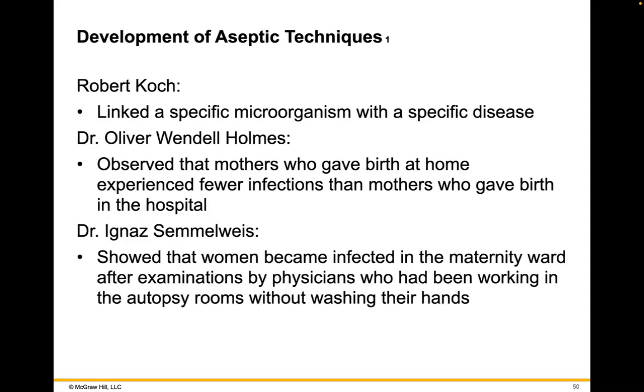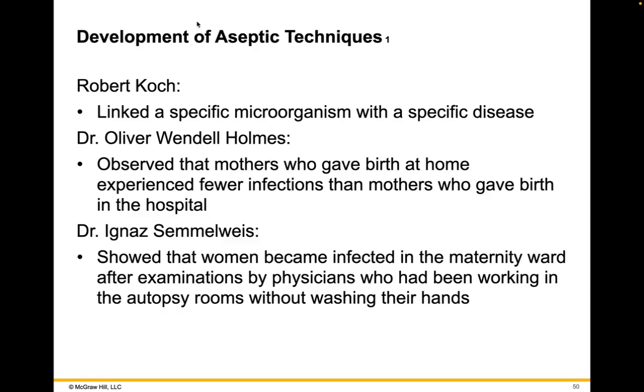Robert Koch linked a specific microorganism with a specific disease. And Dr. Oliver Wendell Holmes observed that mothers who gave birth at home experienced fewer infections than mothers who gave birth in the hospital. And the next person showed that women became infected in the maternity ward after examinations by physicians who had been working in the autopsy rooms without washing their hands.